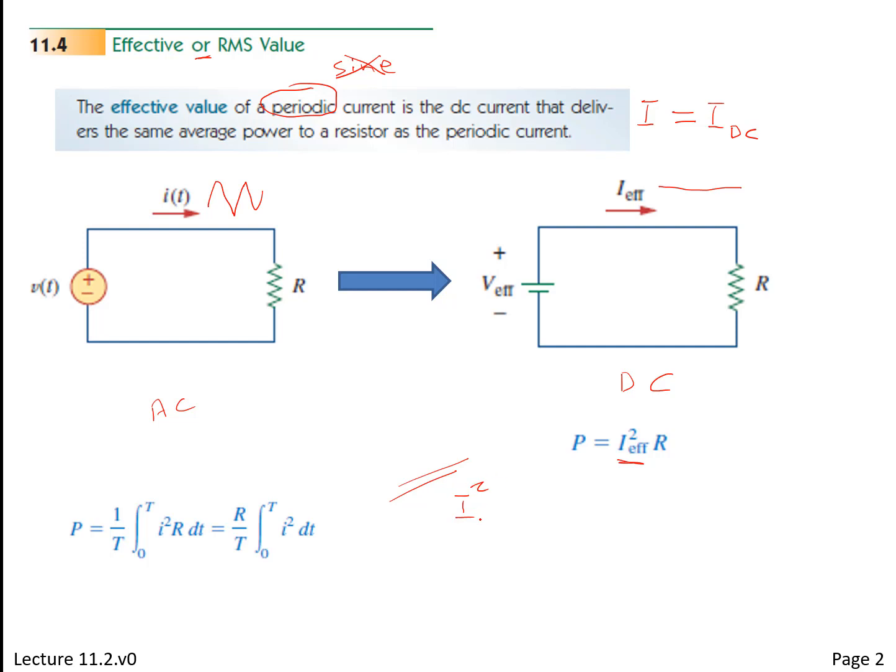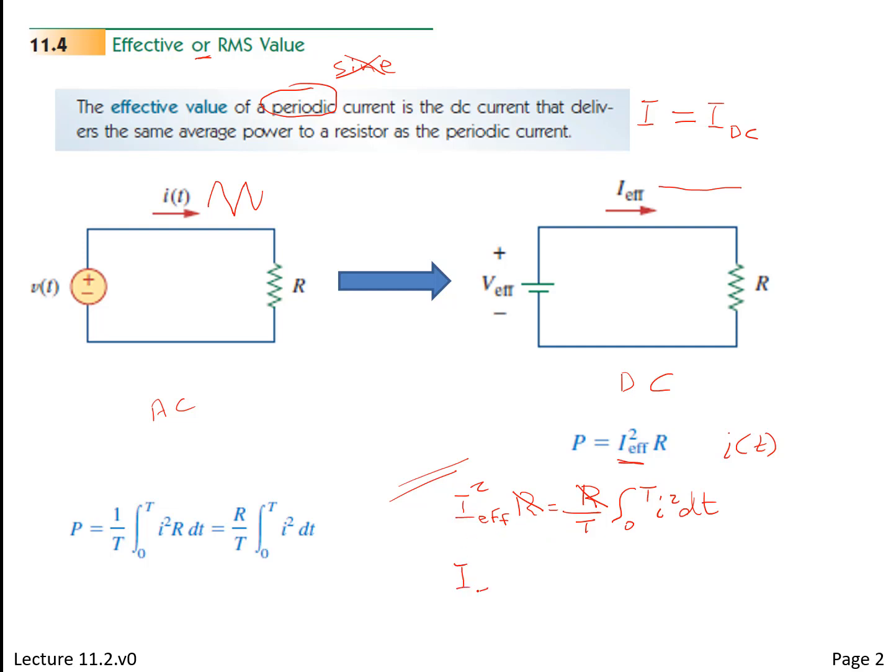I squared effective times R equal to R over T integral 0 to T I squared. Now we can't just dismiss this because this is really I as a function of T, right? You can't be casual about that and say, oh, well, that's a constant. It's not. Okay. Here goes the R. We can get rid of that. I got a square here.